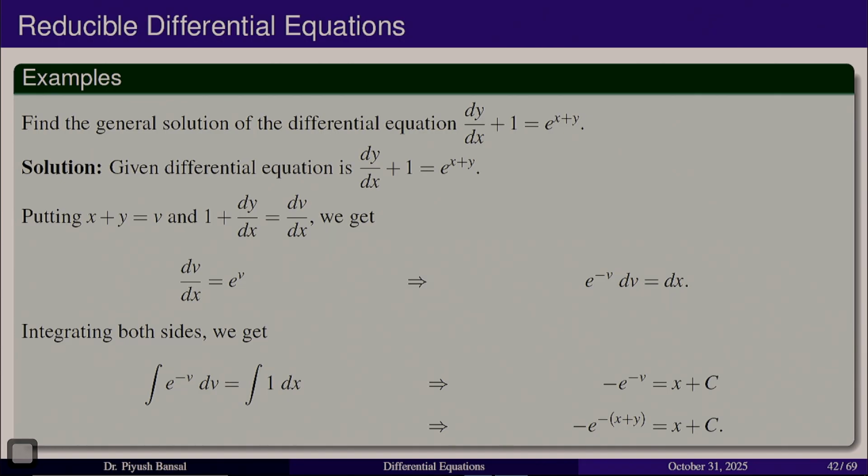Now, you can clearly observe that the variables v and x are separated. So, we can integrate now in order to obtain the final solution by replacing the value of v with x plus y.